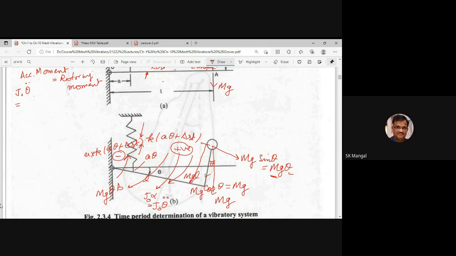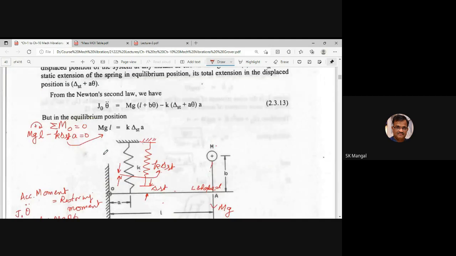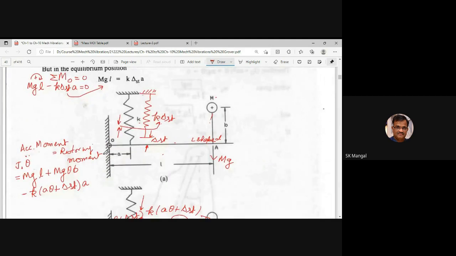So you have mg into L plus mg theta into b, then you have minus k (a theta plus delta st) into a. And if you remember our earlier equation, mgL comes out to be k delta st here.